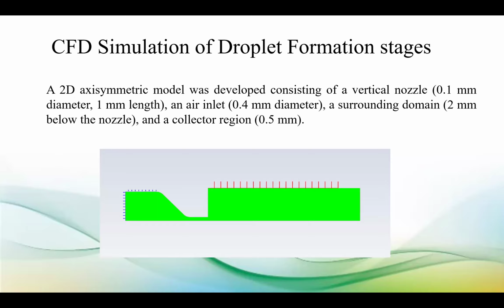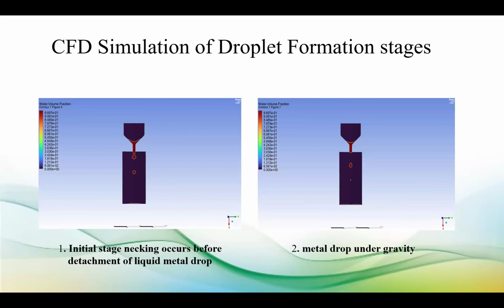The nozzle is on the top portion, and the remaining rectangular portion is an air column. Using some techniques, we were successful in creating the liquid droplet formation using this model. As you can see in this diagram, you can visualize the droplet formation.